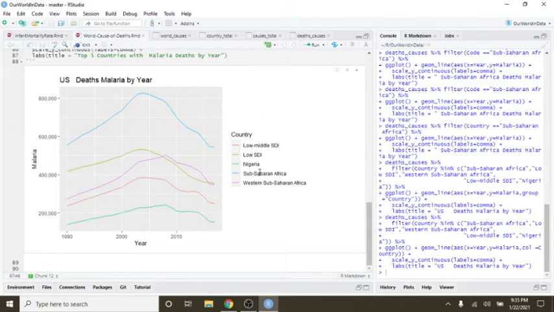So sub-Saharan Africa would have the most deaths, spiking. Interesting. Everybody's deaths seem to spike around 2005. So that's one way.